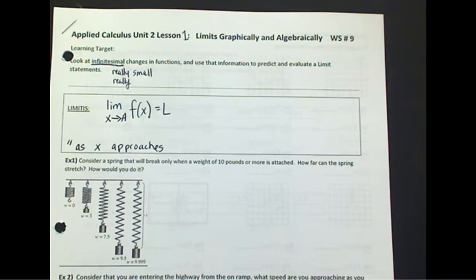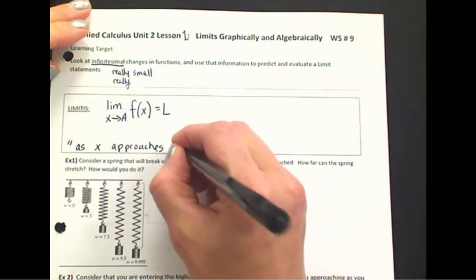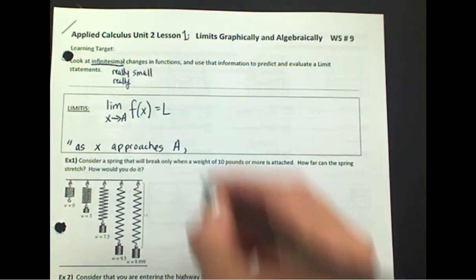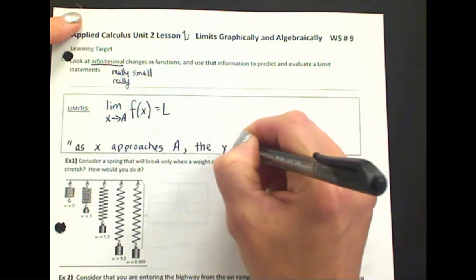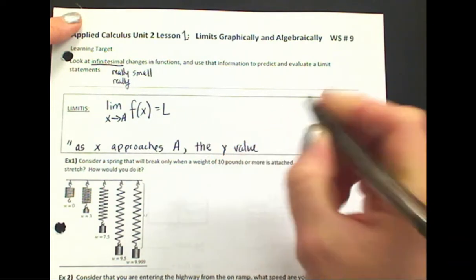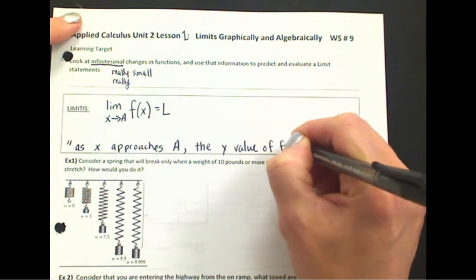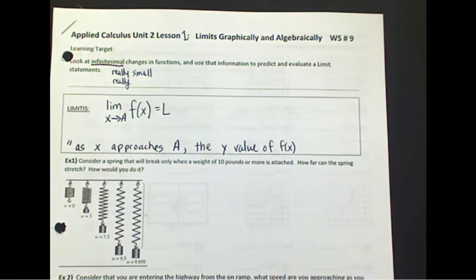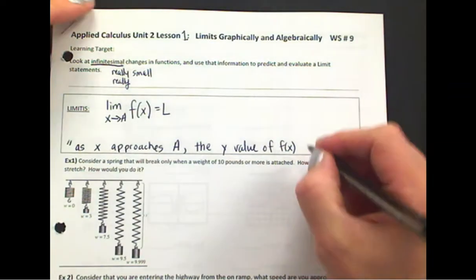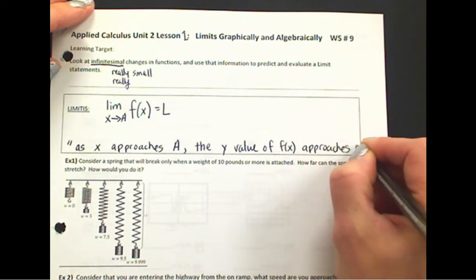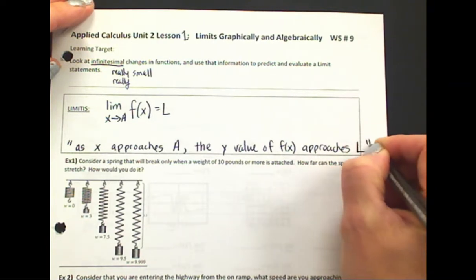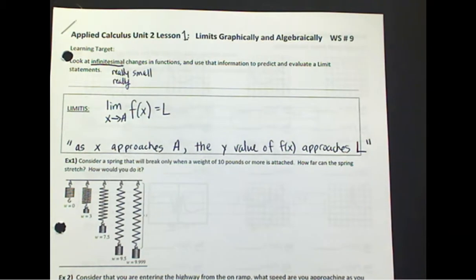It means it's not necessarily equal to it, but as x approaches a, the y value of f of x, usually f of x is a graph or an equation, approaches L.